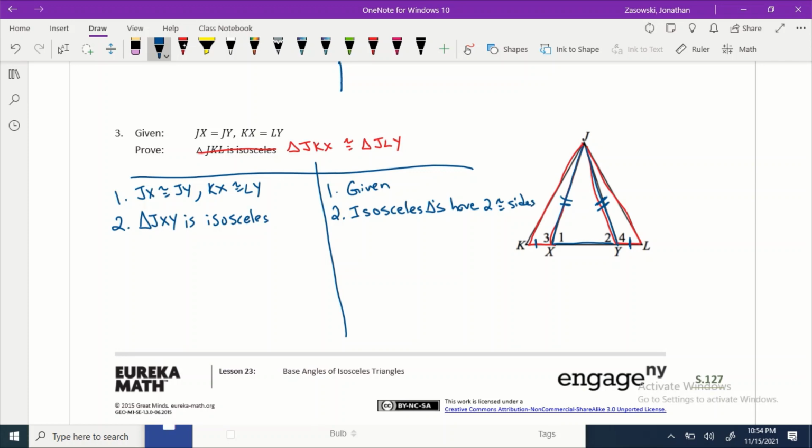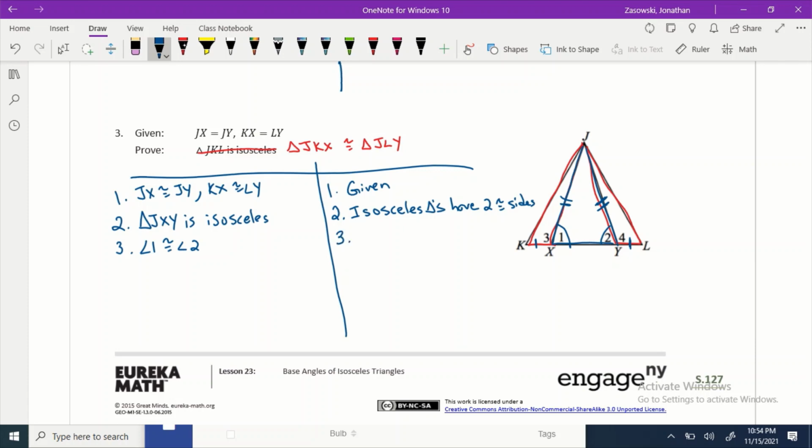Any way you want to put it, that's fine. Okay, as long as it makes mathematical sense, you're good. Now that we know that it's isosceles and these two sides are congruent, then we know that these two base angles are going to be congruent. So we can say angle 1 is going to be congruent to angle 2.